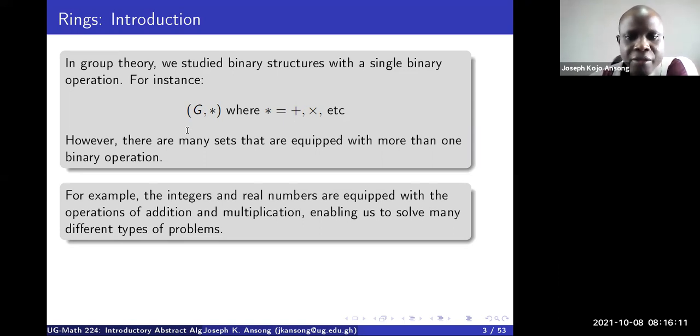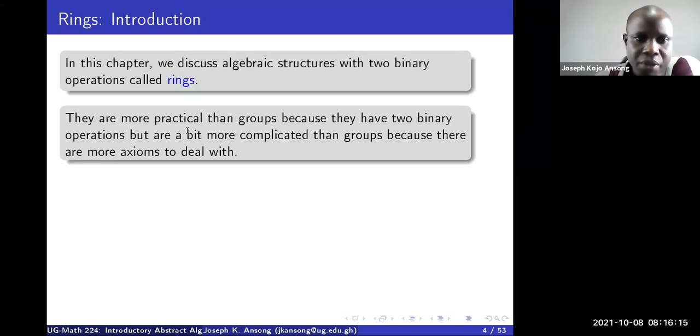So rings are more practical than groups, because you have both addition and multiplication defined on them. But you're also going to have more axioms to deal with. That makes them a bit more complicated than groups.